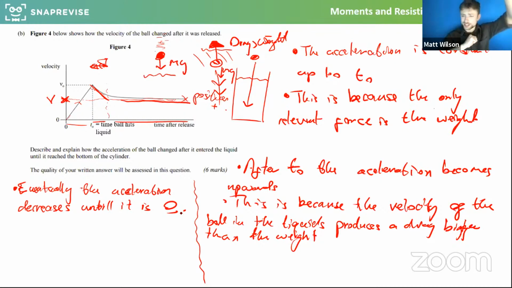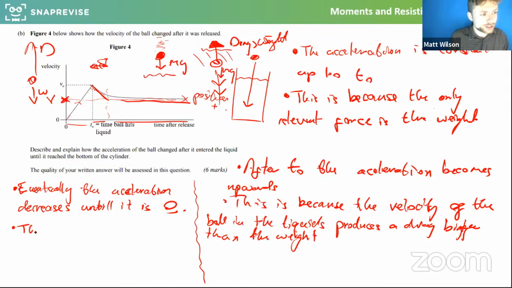You have two forces, and as the velocity changes, the imbalance between the forces becomes more and more balanced. So that's what's happening here. It's just that we're approaching it from the other direction. This time, the drag is bigger than the weight. As a result, we're going to slow down. And as we slow down, the drag gets smaller until it equals the weight.